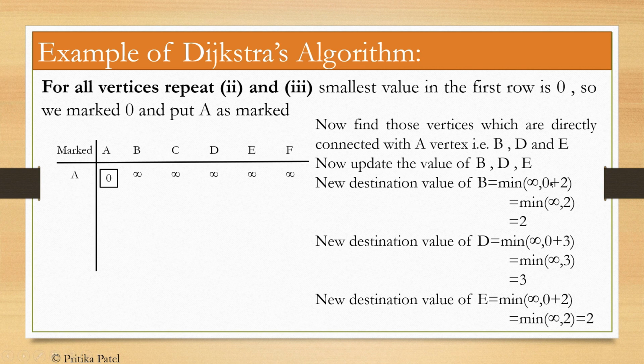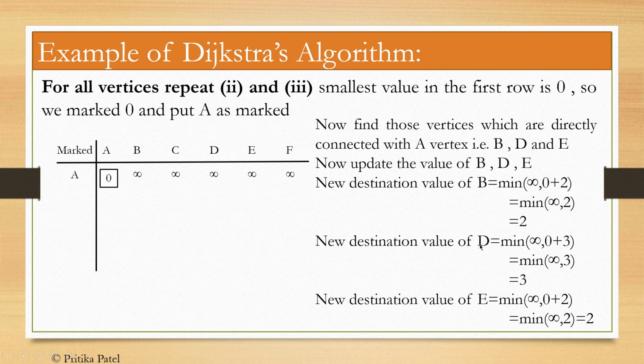So 0 plus the edge weight. The weight of edge A to B is 2, which is given in the graph. So the minimum of infinity, comma, 2 is 2. So the updated value of B is 2.